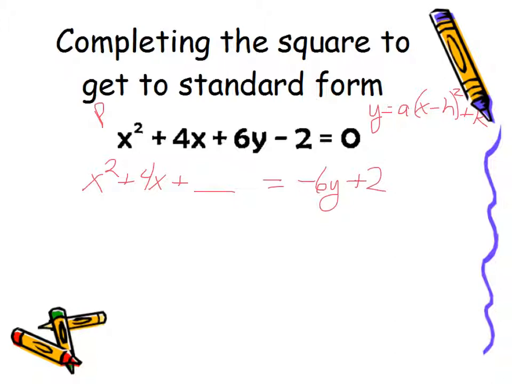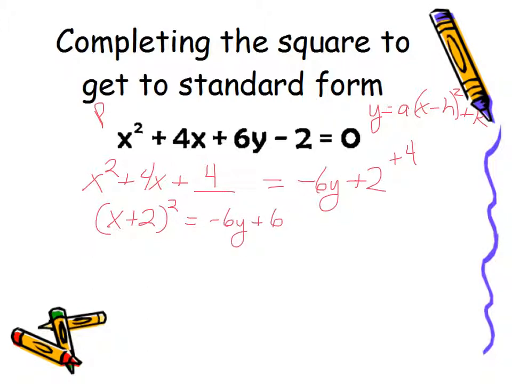Okay, half of 4 squared is 4. I didn't have a number out in front that has to get multiplied by, so I'm going to go ahead and just do plus 4 on this side. So then that becomes x plus 2 squared equals negative 6y plus 6.